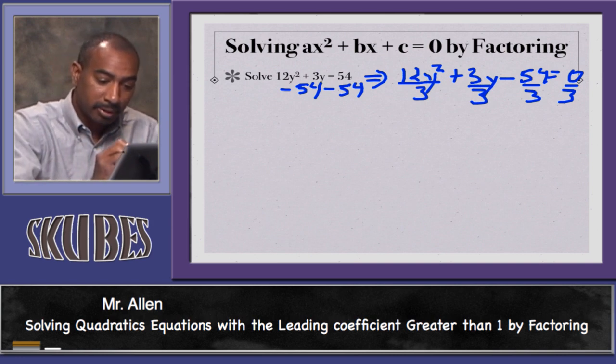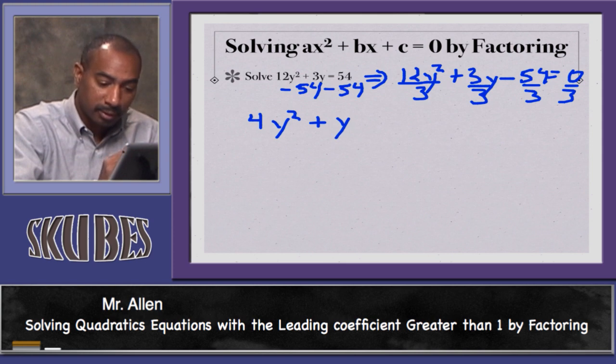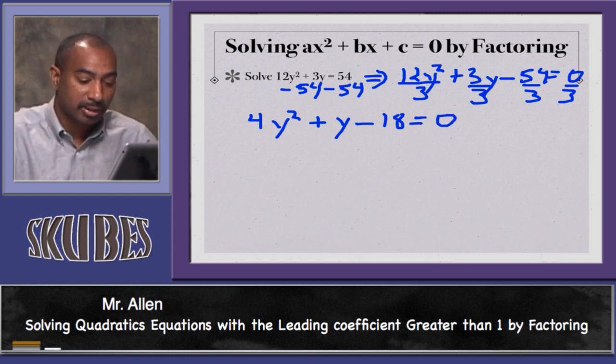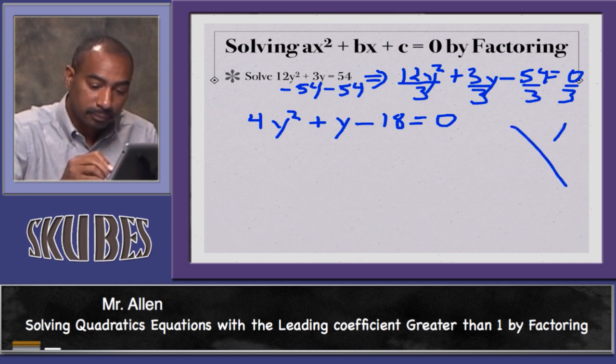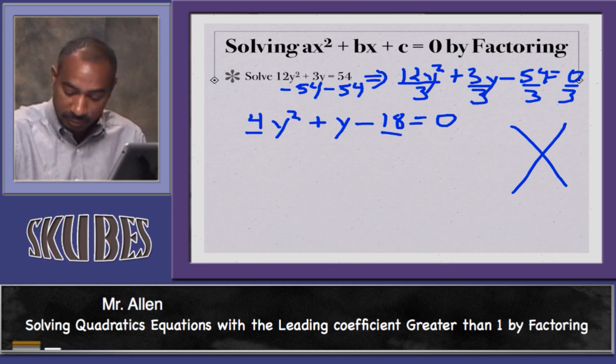So if I divide 3 into 12, now I have 4y squared, and that becomes 1y. And instead of 54, now I have 18. And 3 divides into 0 zero times. And that's much easier to factor. We're going to do the same thing. Multiply 4 times negative 18.